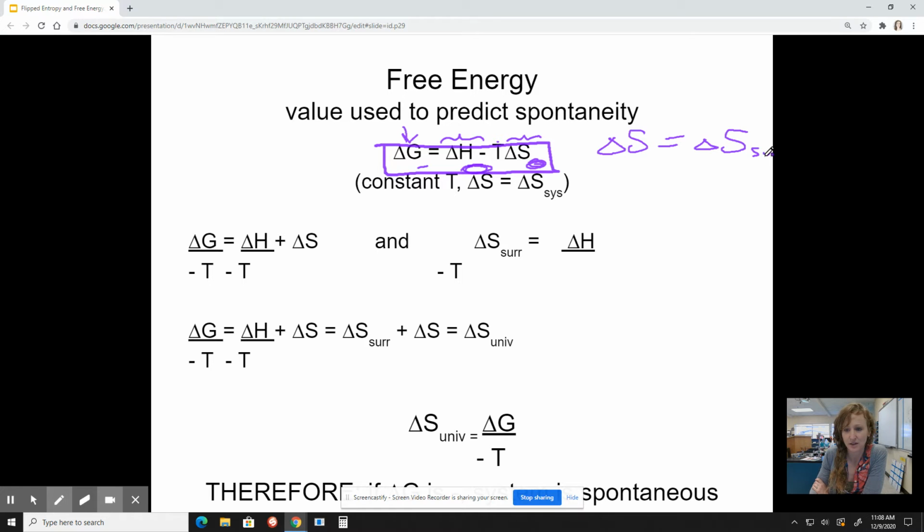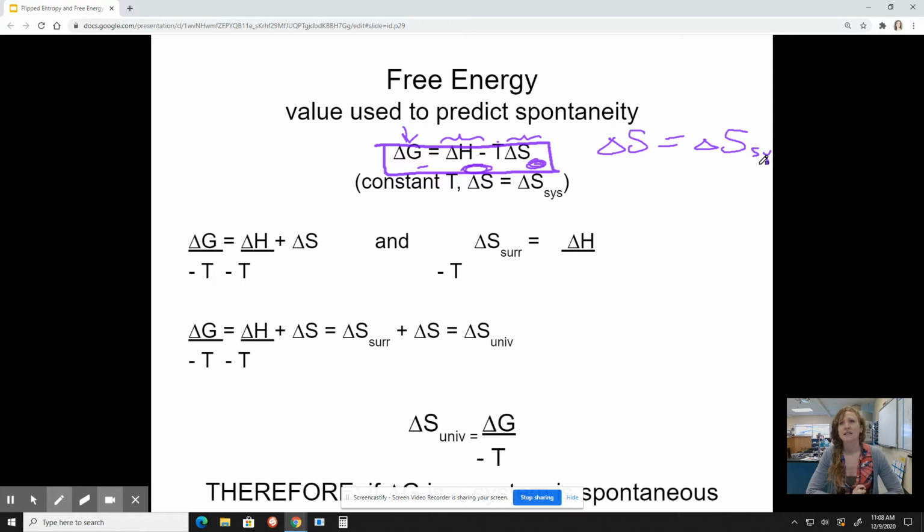We talked a little bit about this yesterday. Why they do that is a little strange to us at this point, because up till now in chapter 17, it certainly seems like delta S of the universe is the most important entropy we've dealt with, because it can predict spontaneity.